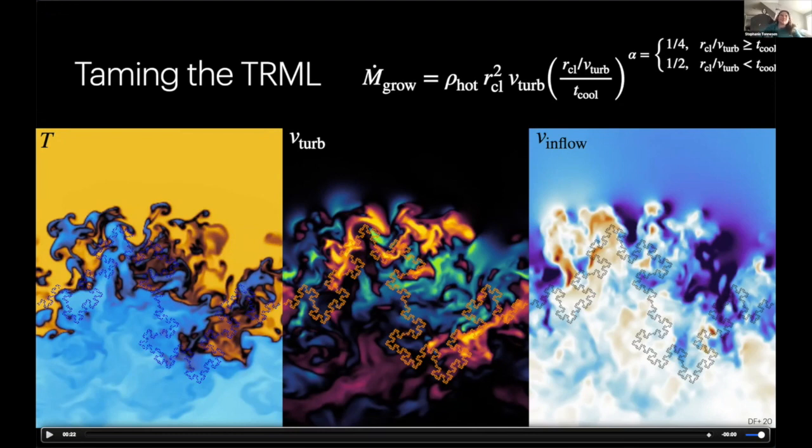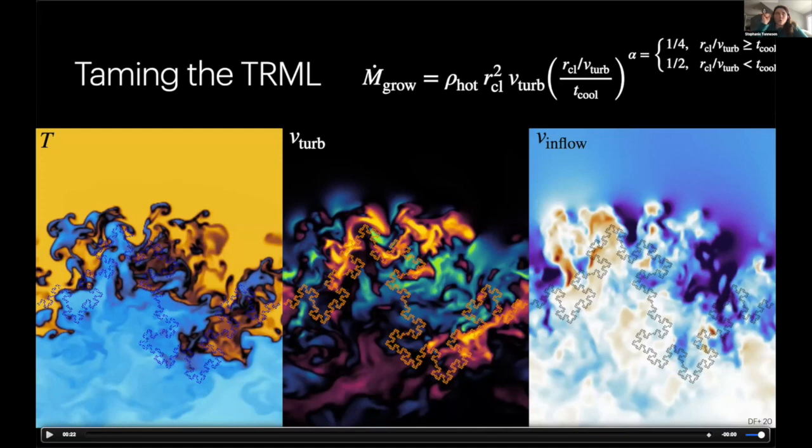Okay, so we've got this model for growth versus destruction, and a lot of it seems to depend on our starting cloud size.